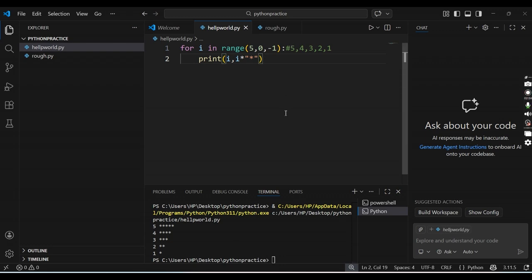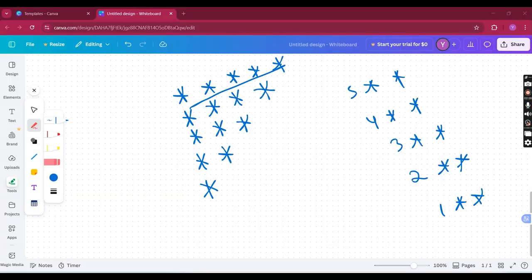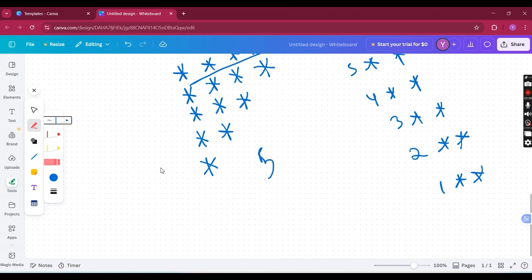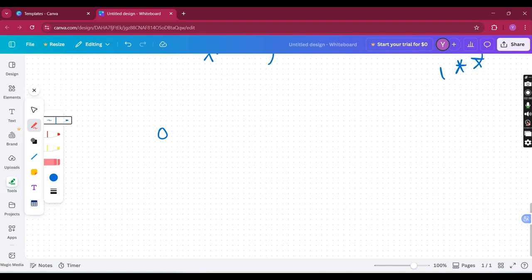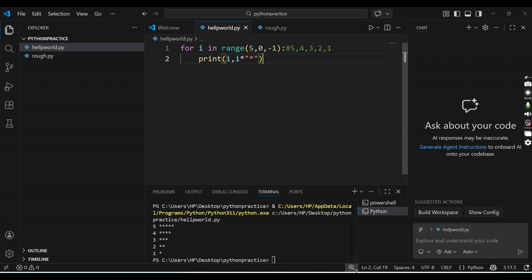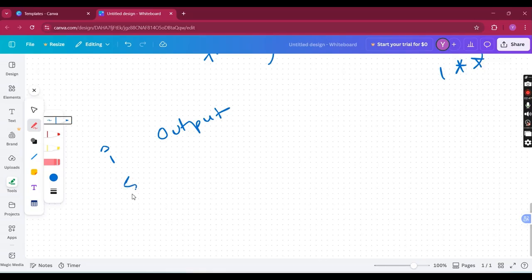If you want to see the iteration a little more carefully, here I will explain the output quite clearly. The value of I was going from 5 to 1, so the values of I are 5 4 3 2 1.